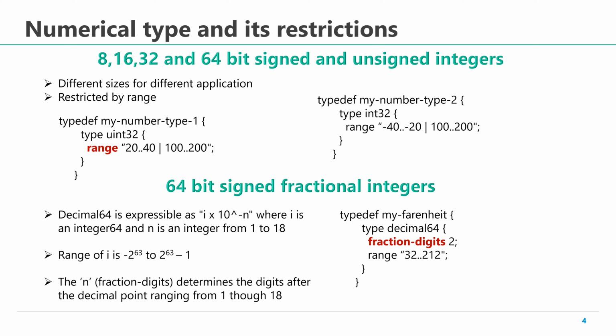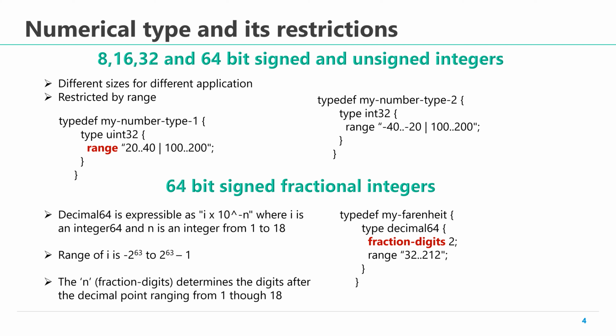So this leaves us with a range of minus 2 power 63 to plus 2 power 63 minus 1 for i. And to decide the number of decimal points that can exist in a value, the n comes into play.